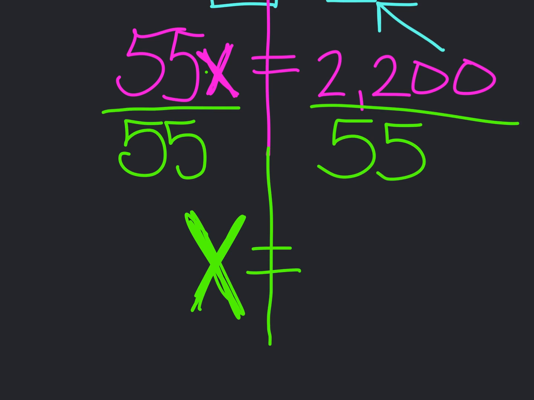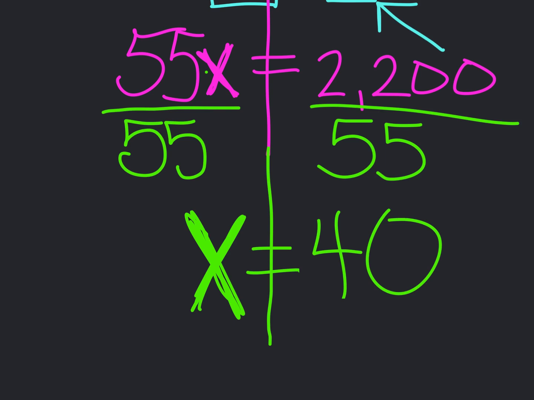Okay, so this is my very last step, right? We are getting our variable all by itself. We're isolating our variable. And the way that we did that was by undoing the operation, or doing the opposite operation, okay? So now I'm going to take 2,200 and divide it by 55, and that gets me 40.